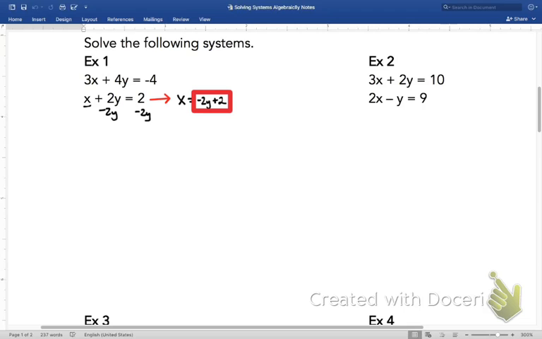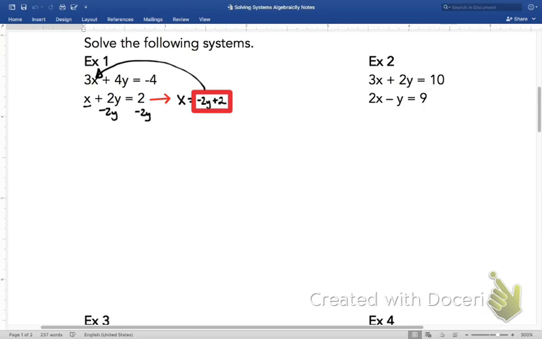So whichever one has x equals, or y equals, or a equals, or c equals, whatever variables we're using, I'm going to take everything on the other side of the equation once I get that variable by itself, and plug it in for that variable. So the negative 2y plus 2 is going to get plugged in right here.